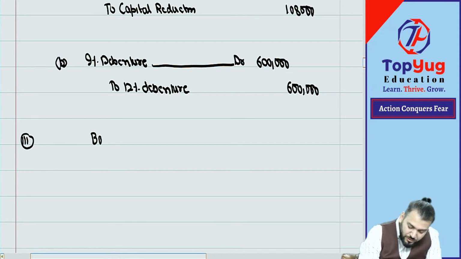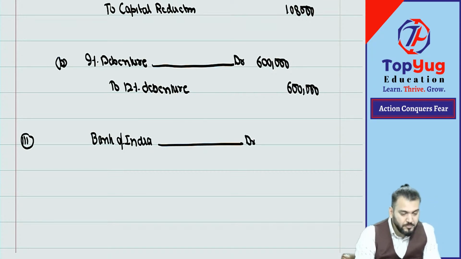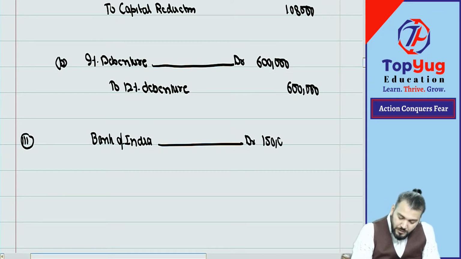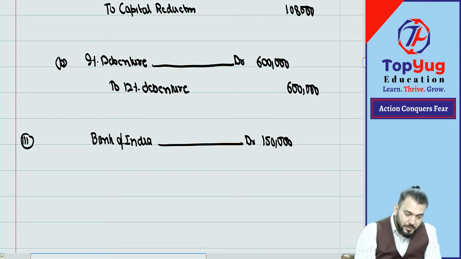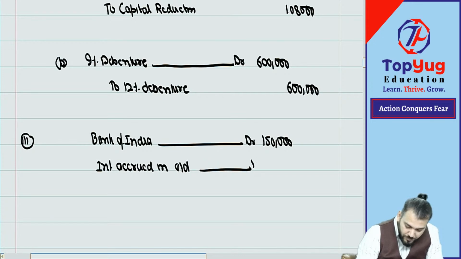Correct? So point number 3. So there is Bank of India account debit how much? 1,50,000, and interest accrued on overdraft how much? 15,000. Out of this how much is cancelled?